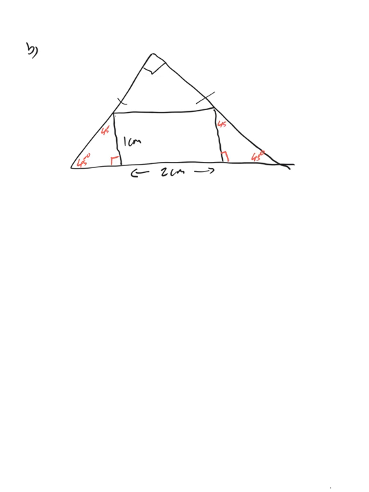How does that help us? The way that helps us is that, therefore, these are also right-angled isosceles triangles. So we now know that each of these lengths here are 1 centimetre. So we now know that the hypotenuse of the triangle is 4.